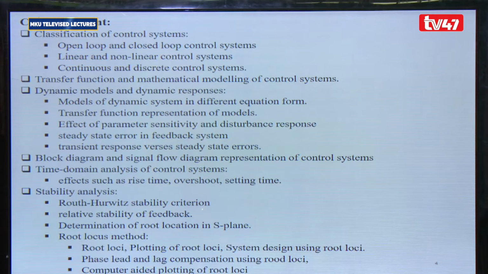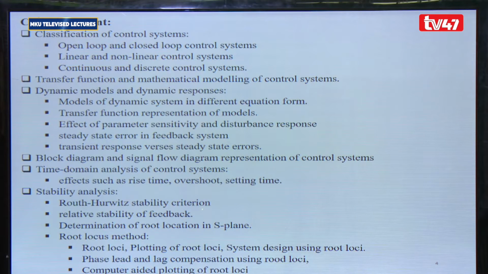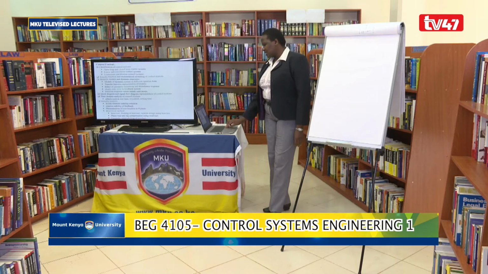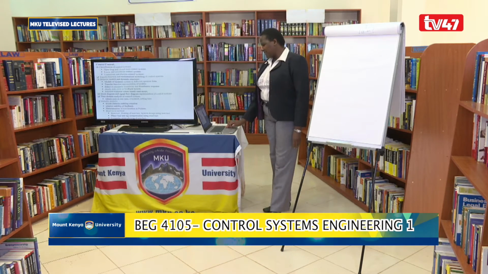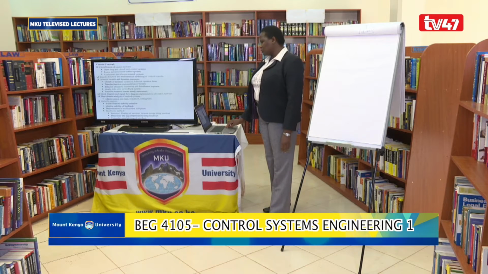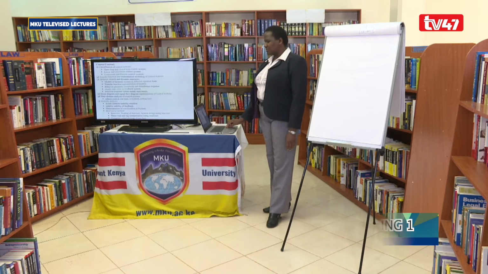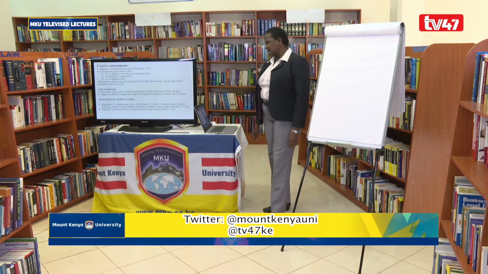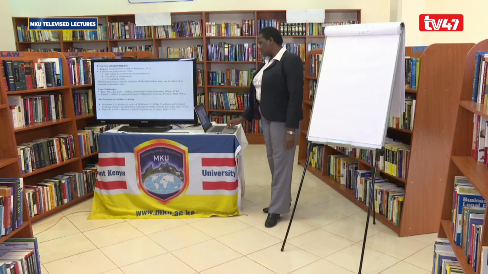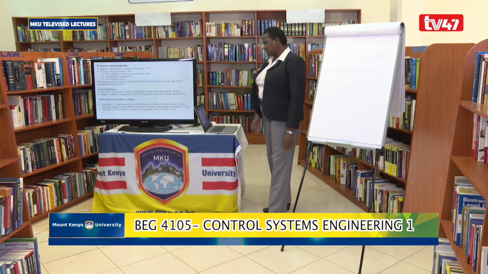The fourth is the block diagram and signal flow diagram. Second last is time domain analysis of control systems, and lastly the stability analysis. Remember, the main objective is how to obtain the stability of a system, so you'll cover mostly the stability analysis.